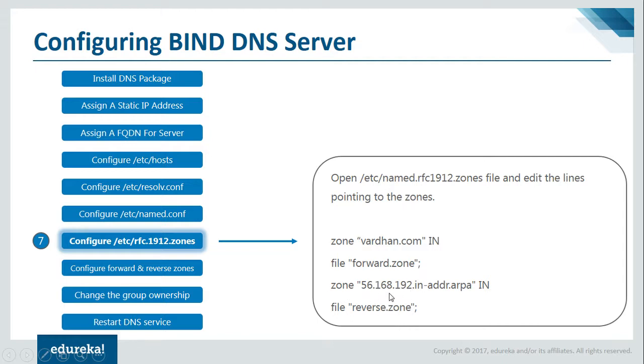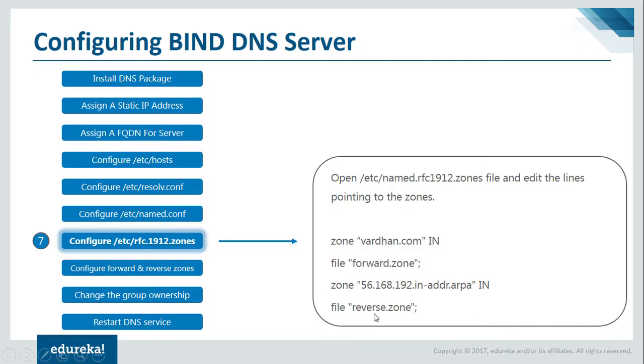That's because of the concept that I explained earlier. If you do a forward lookup, where you're resolving by giving a domain name, at that time it would use the settings in this zone file. But if you're searching by using an IP address, at that time it would use the reverse lookup file.